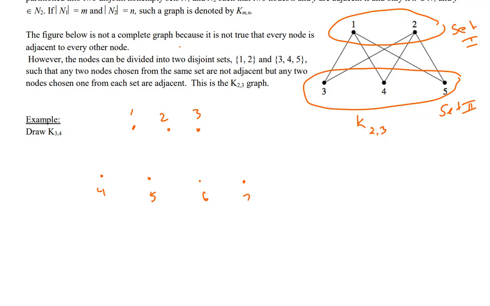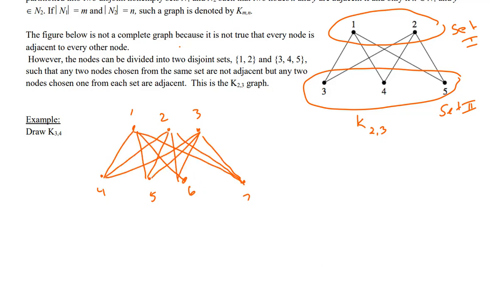And then you connect every node with every node in the other set. And this is K 3, 4. So this bipartite graph is just terminology. You need to know what this graph is, because we're going to use it later when we talk about planar or non-planar graphs in a theorem called Kuratowski's theorem.